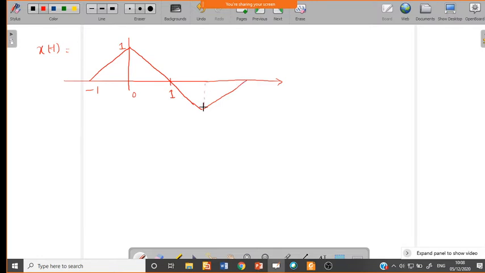The value at 2 is minus 1, and at 3 it is 0. So this is the x of t signal which is given.